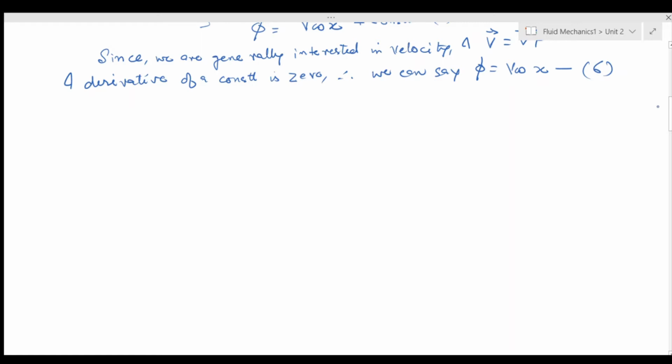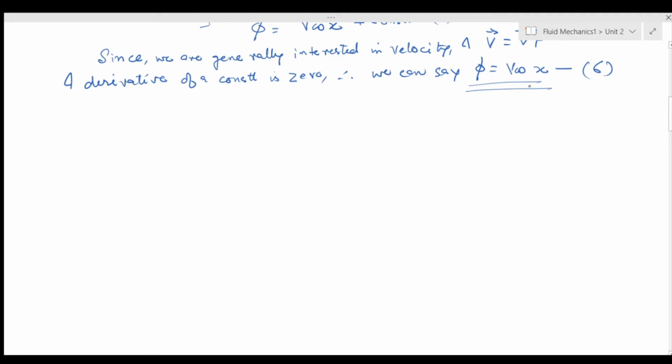So in this way, we got our phi for this particular uniform flow, where the velocity is directed towards the positive x-axis. My potential function came out to be v infinity times x.